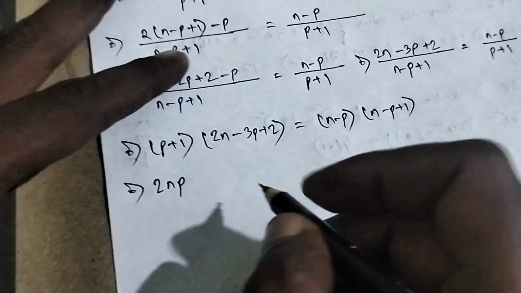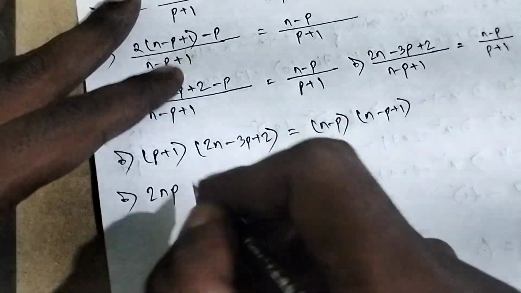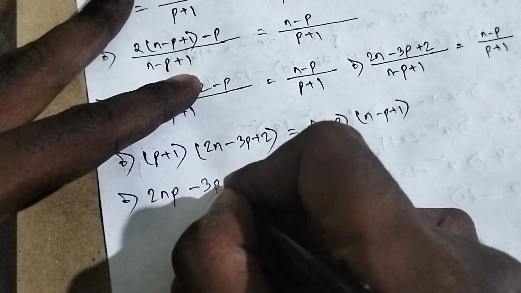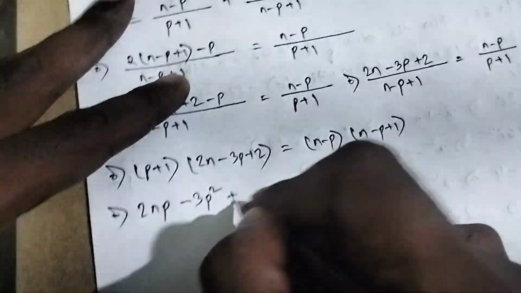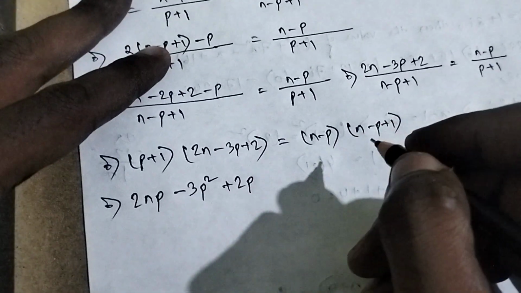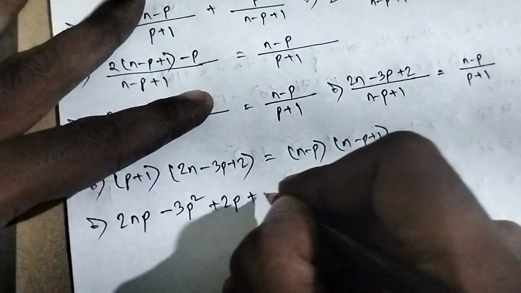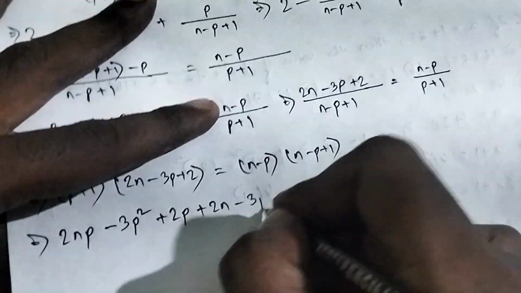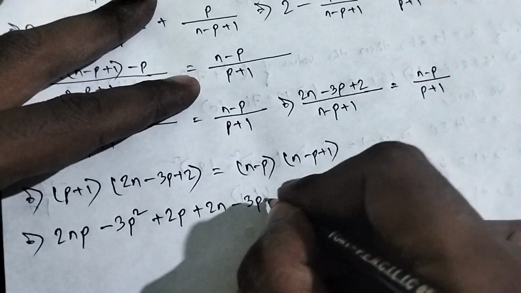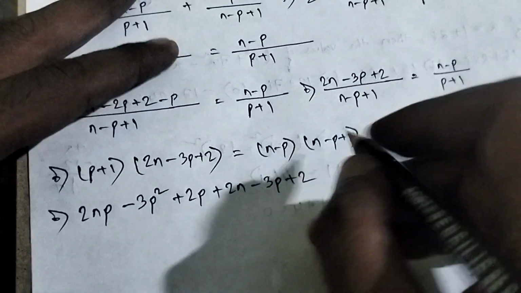If we multiply this, 2np minus 3p square, by multiplying with p, plus 2p, plus 2n minus 3p plus 2.